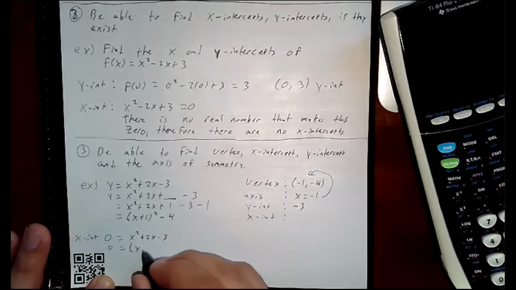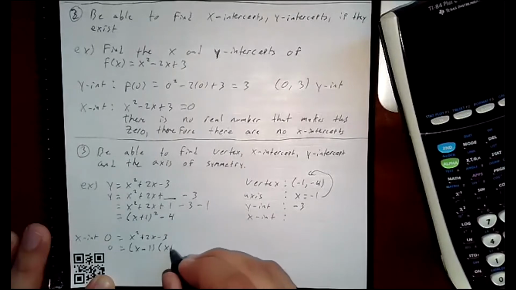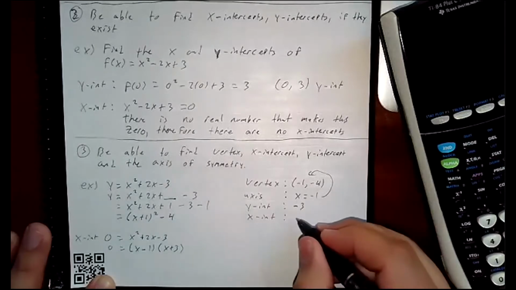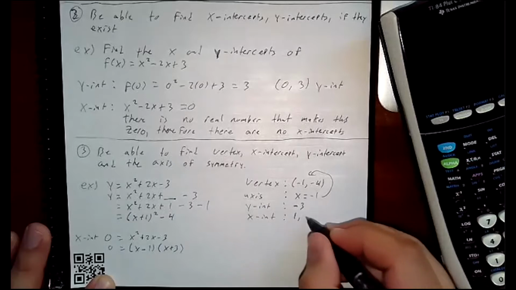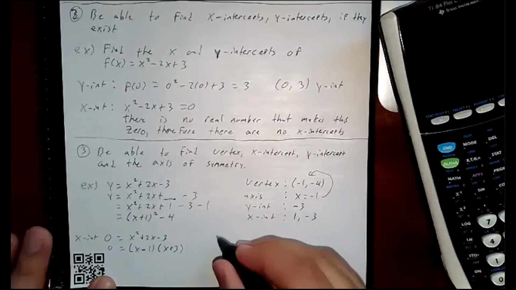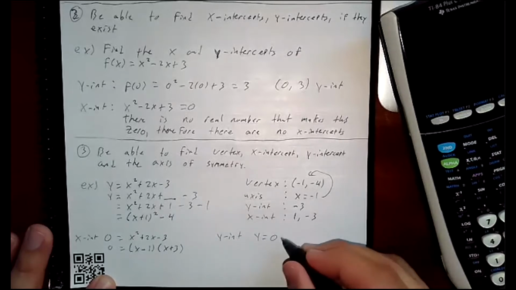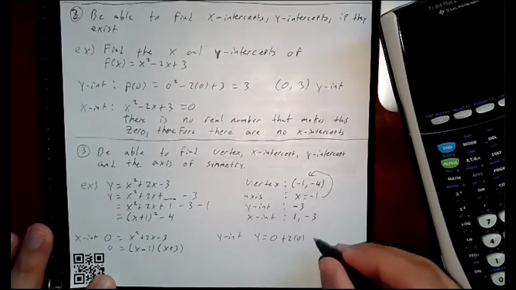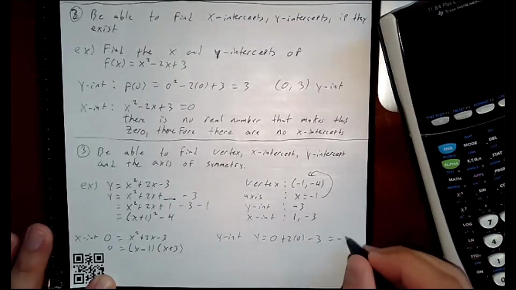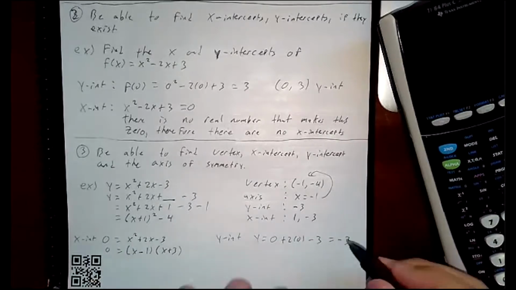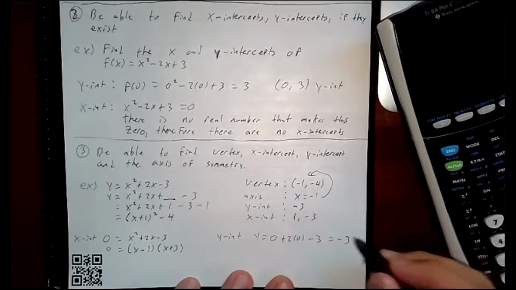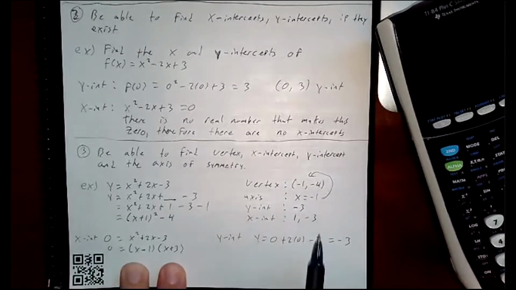It should be x minus 1, x plus 3. So the intercepts would be 1 and negative 3. And I'll show my work here for the y-intercept. Plug in 0, which will give you negative 3. So that's where this came from, and these two is when you solve this.